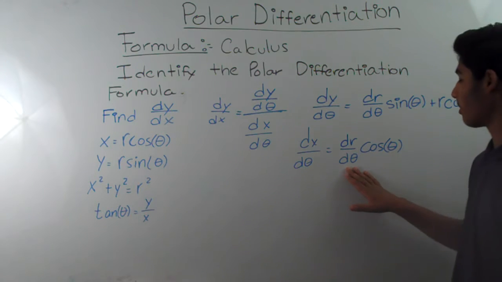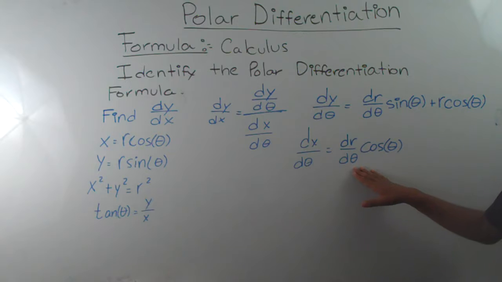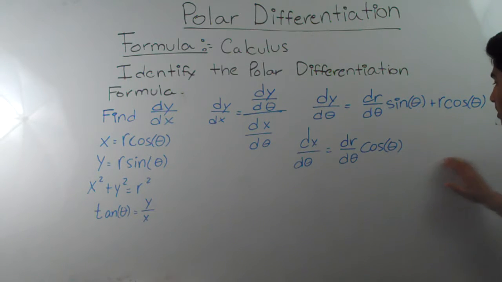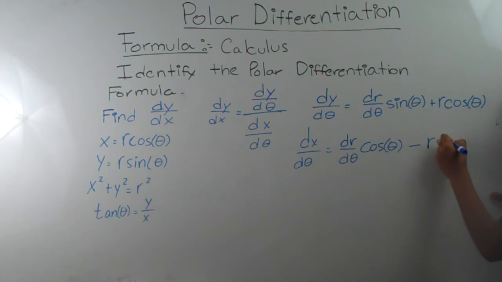So r prime, or dr/d theta, times cosine of theta, plus the first, r, times the derivative of cosine of theta, which is negative sine of theta, so we change this term to negative sine of theta.